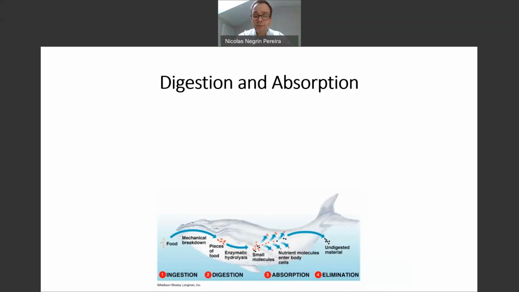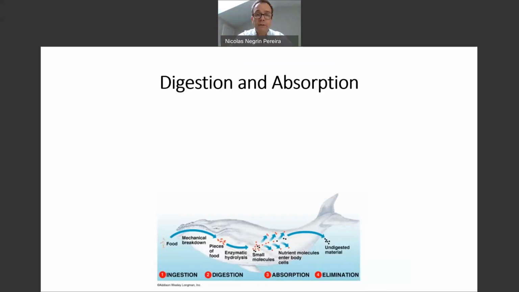They are absorbed normally through the epithelium, in the case of monogastrics mostly, and will get into the lymphatic system and from there into the general circulation and reach the different cells and tissues to be used by the animal.